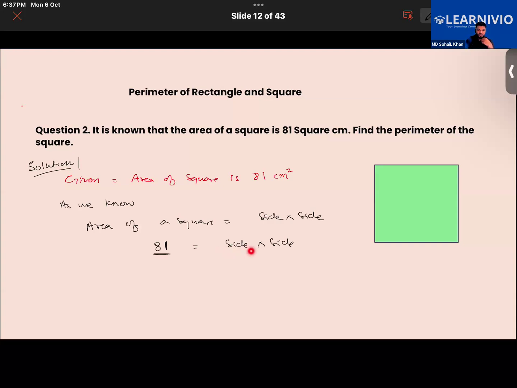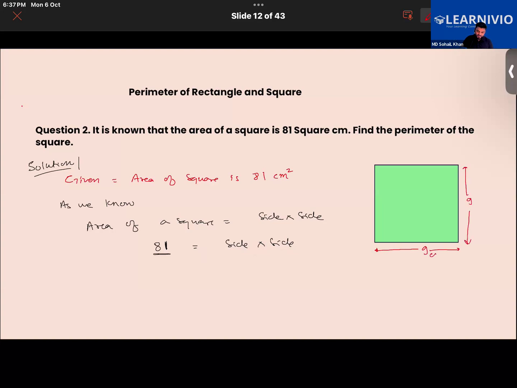Which number should be multiplied by itself to get 81? Think about it. 1 into 81? No, both the numbers have to be the same, since all the sides of a square are equal. 9 into 9. So the side of the square is 9.